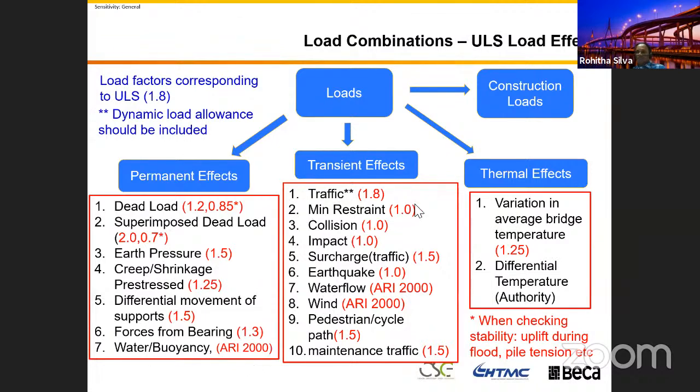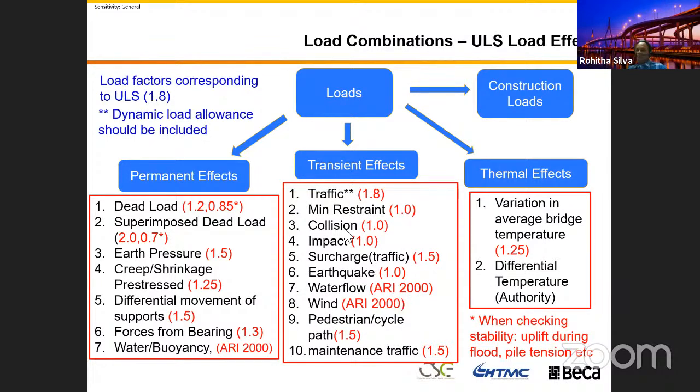And then you go to the transient one. Of course, you can see in the Australian standard, the traffic one is multiplied by 1.8. I put in here, this needs to be increased by the dynamic load allowance. But please note in the Australian standard, the traffic load includes braking and centrifugal force.